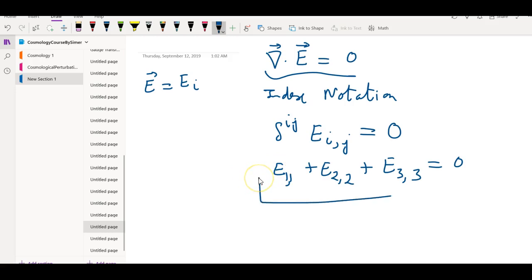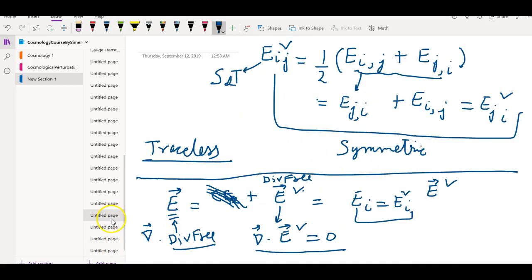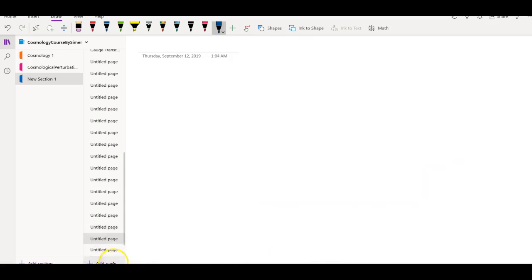This is the trace of E_ij. Therefore, E_ij is traceless.